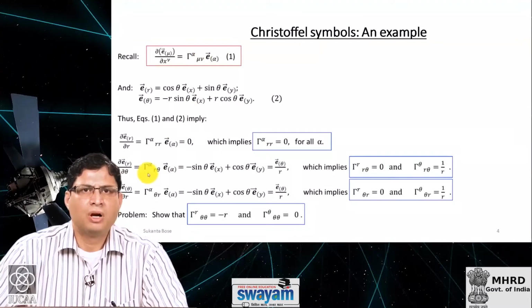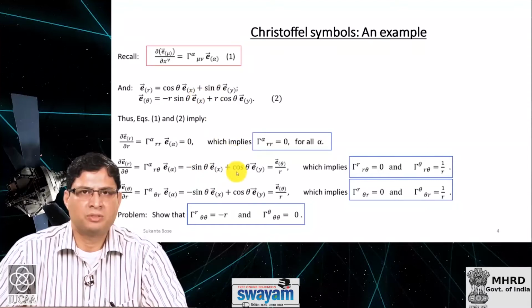If you look at equation 2, the angular derivative of Er is non-trivial now, and that is because it involves cosine theta and sine theta. If you take the derivatives, you get negative sine theta, which is written here, and the derivative of sine theta is cosine theta, which is written in the second term.